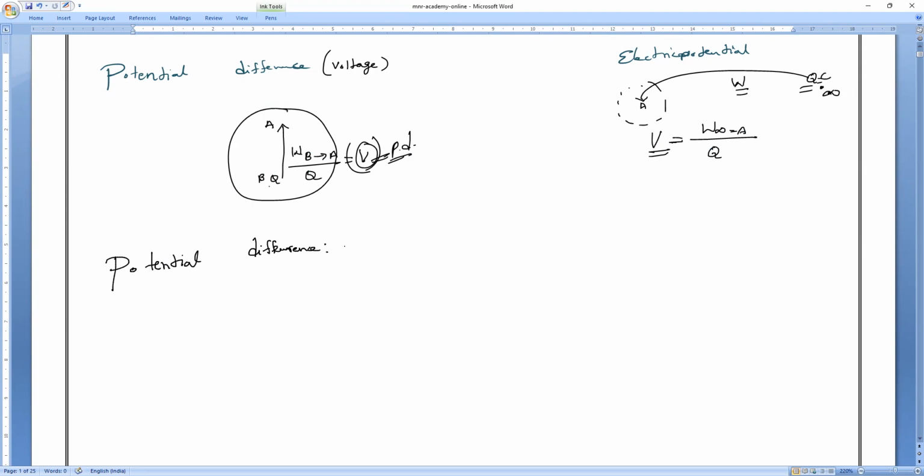So potential difference means, let me take this as point A and this as point B. Are you clear, everybody? So two points I have taken. One is point A, another one is point B. Now I have some m amount of mass at point B. Very, very small mass. In electricity we had taken Q amount of charge, am I right or wrong, everyone?